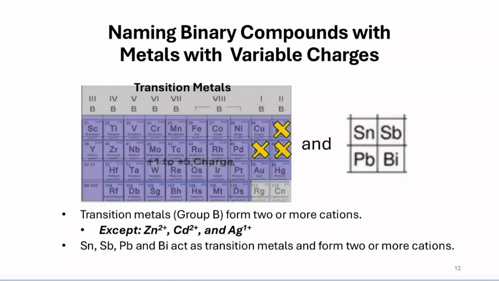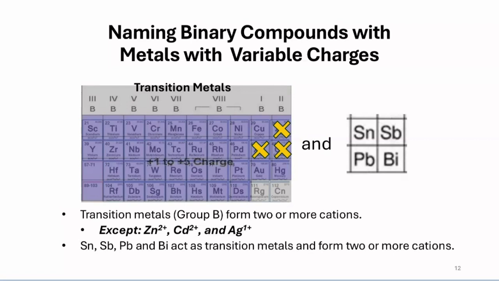Notice that there are four metal elements: tin, antimony, lead, and bismuth, that do not live in the area of the transition metals, but behave like metals with variable charge. Additionally, there are three exceptions when it comes to metal elements that live in group B that do not have variable charges.